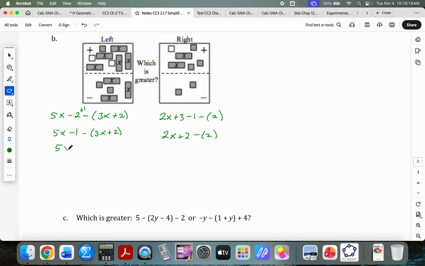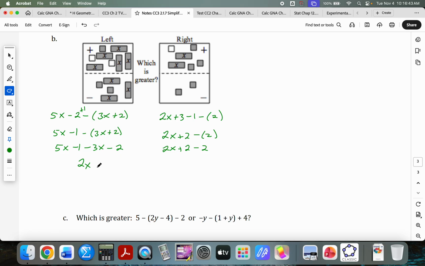So this is going to be 5x minus 1, minus 3x minus 2, and 2x plus 2 minus 2. Group the like terms now. 5x minus 3x is 2x.